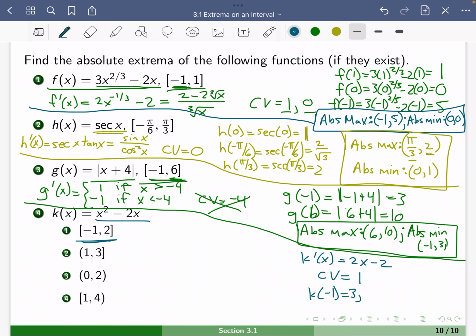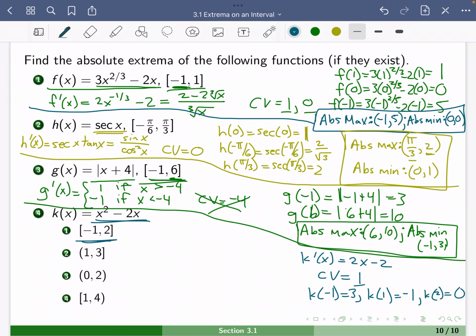We can plug in 1, our critical value, and we get an output of -1. And when we plug in 2, we get an output of 0. Those are all from plugging back into the original function.